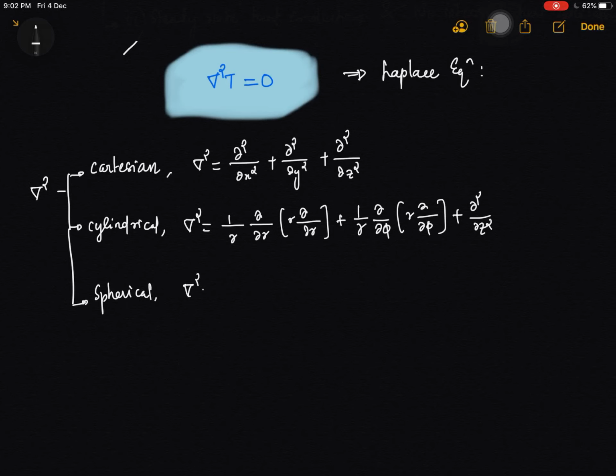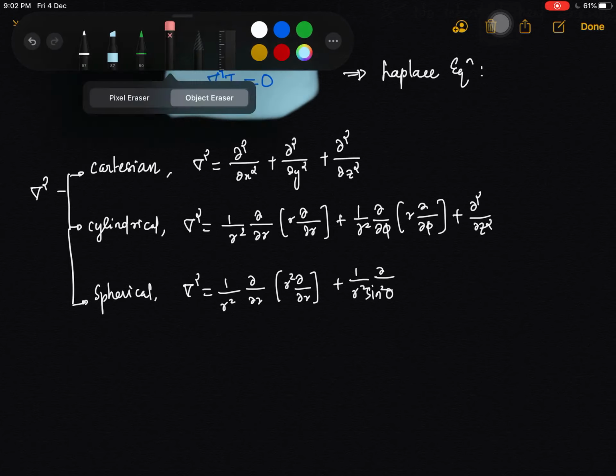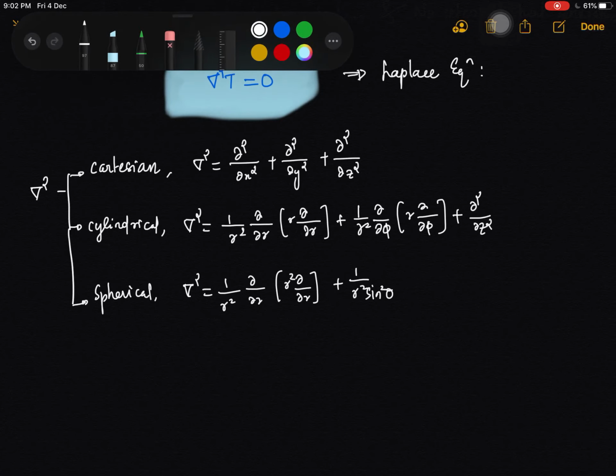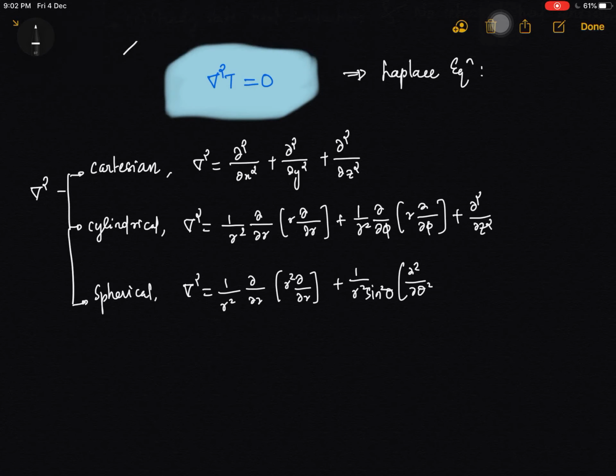And in the spherical coordinate system, del square is equal to 1 by r square dou by dou r into r square dou by dou r, plus 1 by r square sin square theta into dou square by dou phi square, plus 1 by r square sin theta into dou by dou theta into sin theta dou by dou theta.